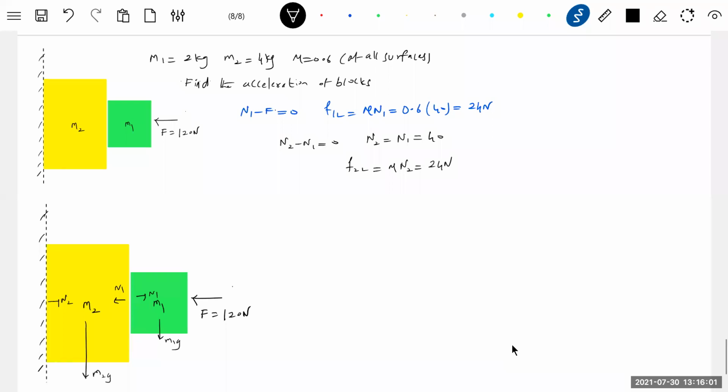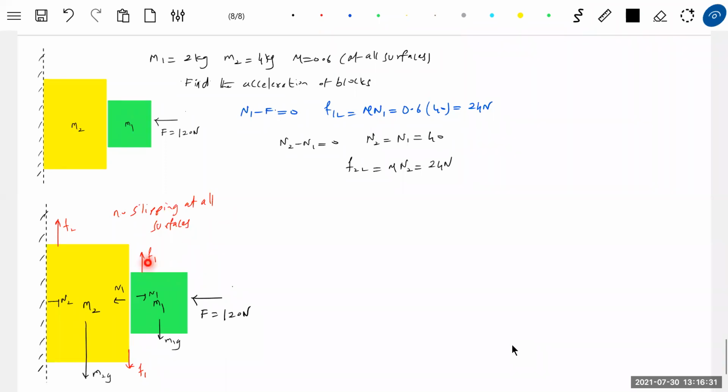I am assuming that they will not move, because I am pressing hard, as they will not move. So are you sure? Blocks, no slipping, at all surfaces. What we assumed, is it right or wrong? How to cross check?